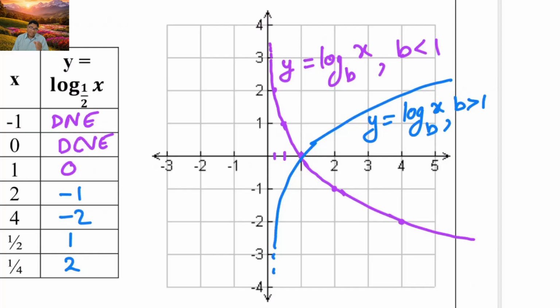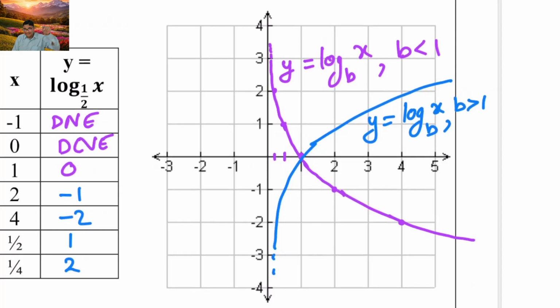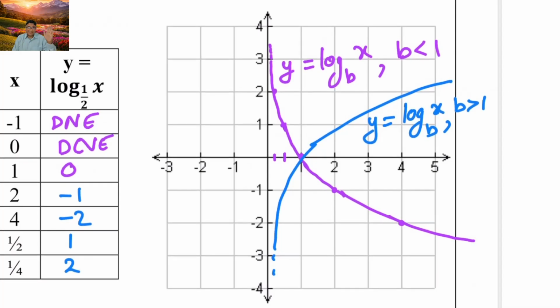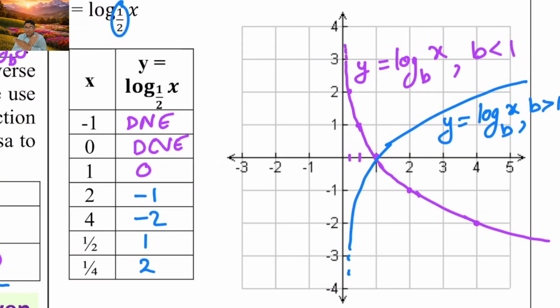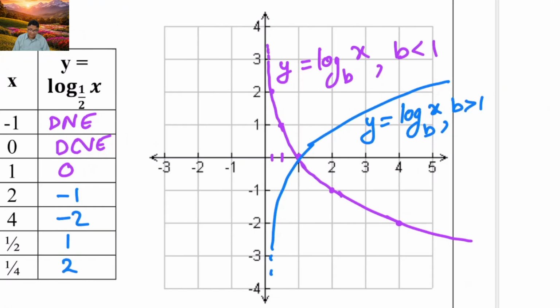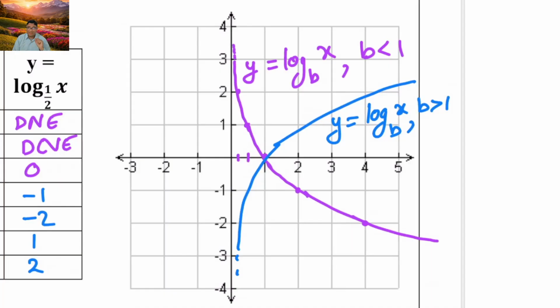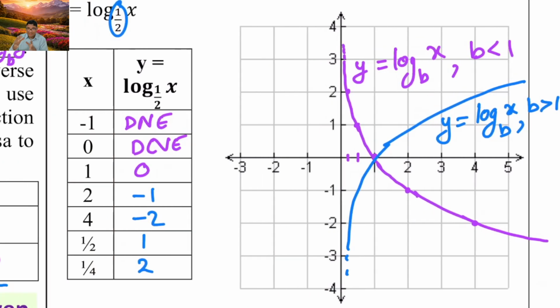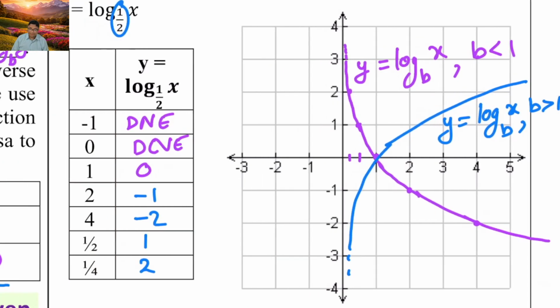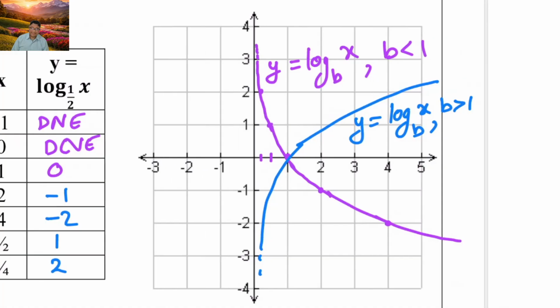When the base is less than 1, it was exponential decay, decreasing from left to right, and they meet at the point 0, 1 on the y-axis. Here, these are inverse functions. Everything is opposite, but there is similar behavior between when the base is greater than 1 and when the base is less than 1. They meet at the point 1, 0, which is the common x-intercept.